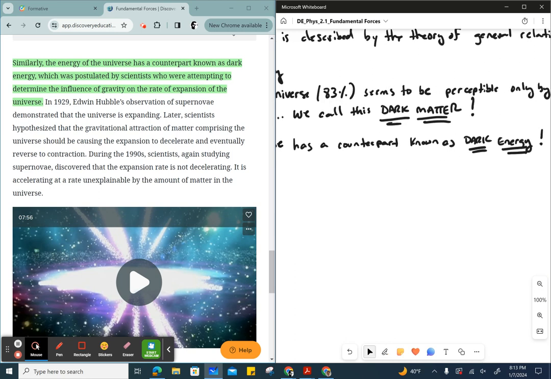Now, they're not going to go into great detail here, but they're going to talk about the expansion of the universe, the idea that the universe is expanding at a faster and faster rate, even though theories would suggest that the universe should be slowing down as the universe gets bigger.